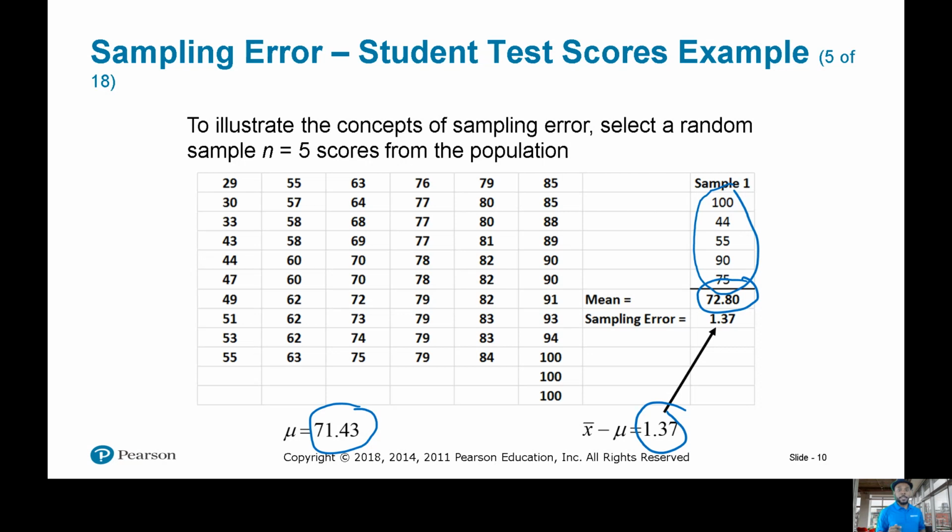The smaller the sampling error, the closer our estimates are to the population. Like I said, the idea of this chapter is to use a sample to estimate a population.